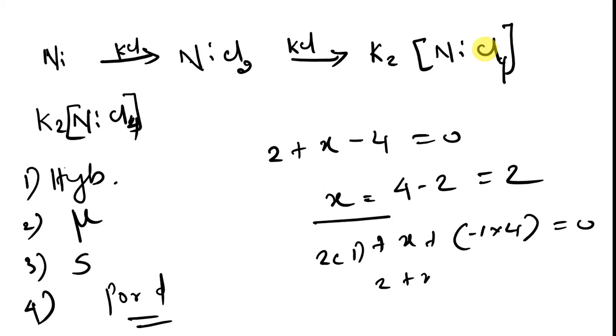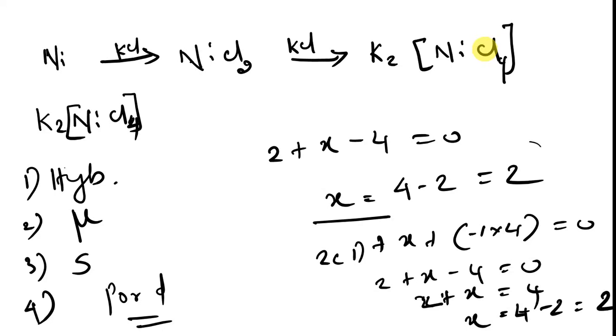So 2 plus x minus 4 is equal to 0, x is equal to 4 minus 2, that is equal to 2. So here the nickel is in the +2 state.